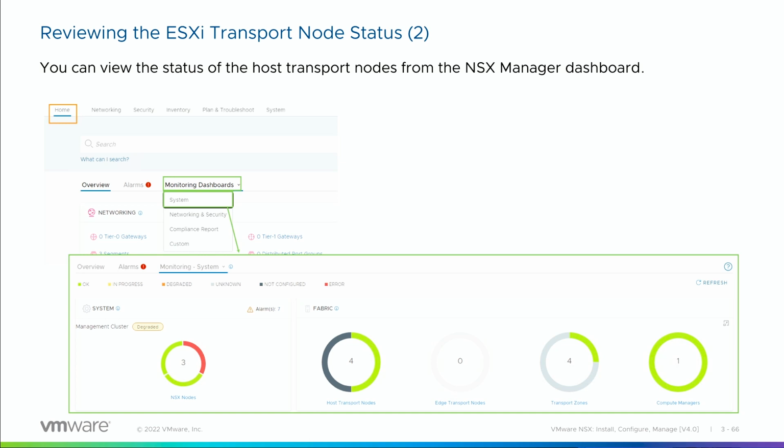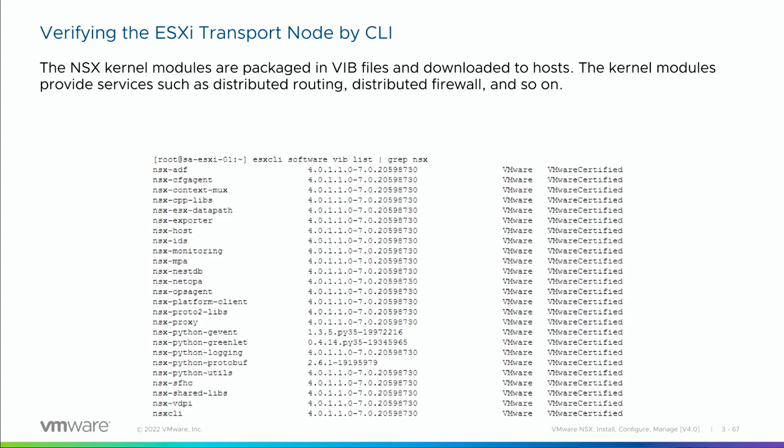Same type of graph, these donut graphs, giving us information about the configuration state of our different transport nodes, whether they're ESXi or edge nodes or so on. And I can click on any of those links and that'll take me in the UI to that type of object so that I can further investigate if something is not right.